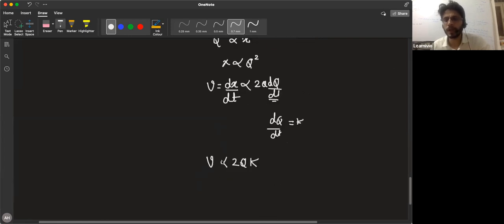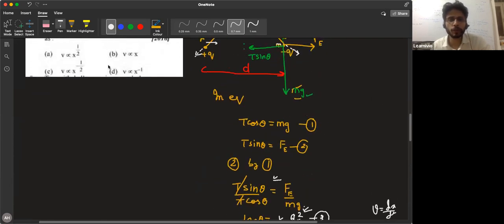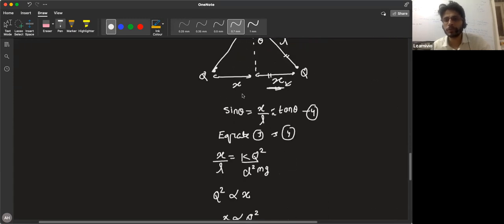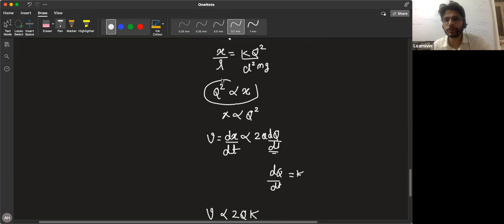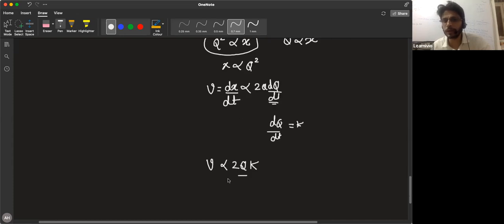Next, we have v proportional to 2q into k. But if you look at our options, they are not in terms of q, they are in terms of x. Since q square is proportional to x, q is proportional to x to the power half. So instead of q, I can substitute x to the power half.